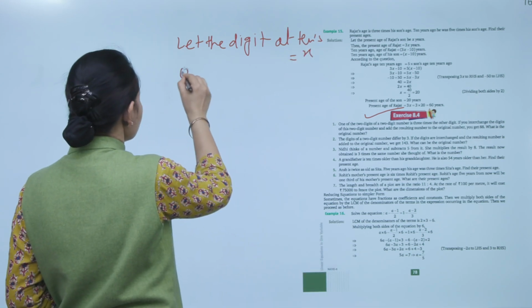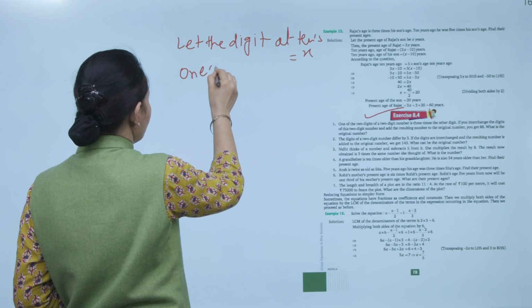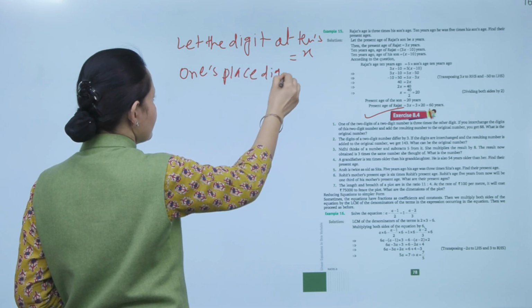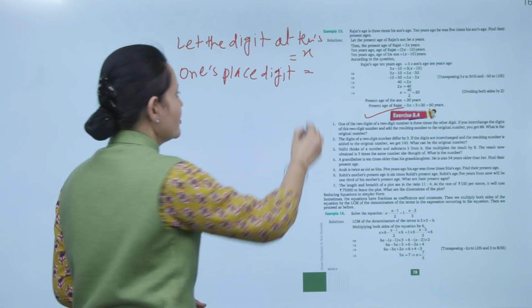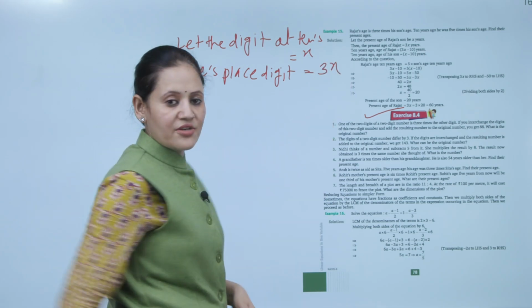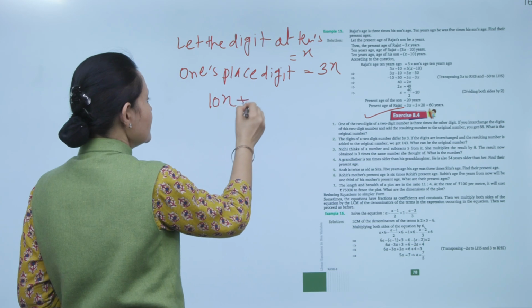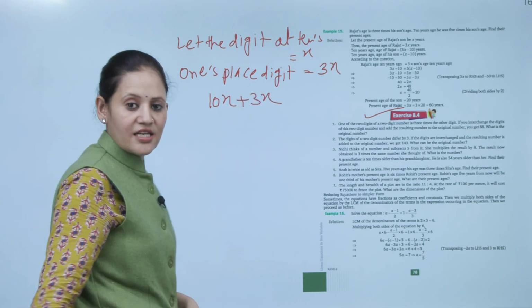So what will the ones place digit be? The ones place digit is 3 times, so 3x. So what will our number be? 10x plus 3x. Clear?